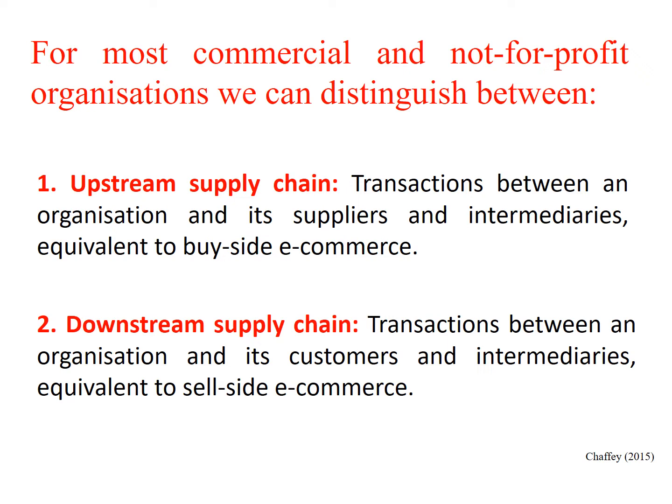And when we're talking about downstream transactions, we're talking about transactions between an organization and its customers and intermediaries, equivalent to sell side of e-commerce. So upstream is going from the supplier to the organization, and downstream is going from the organization to the customer.